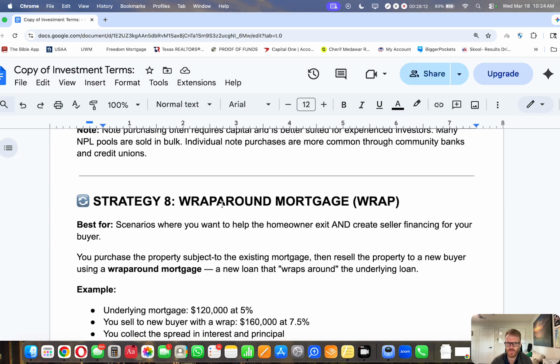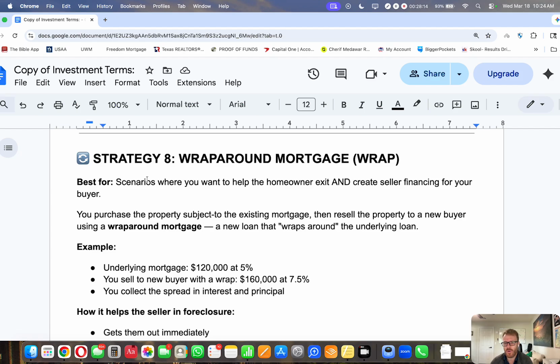And then the last one we can do is a wrap around mortgage, when we buy the house subject to, and then we sell it on an owner finance to somebody else, and the new loan wraps around the old loan, and we make the split on the difference. We get a down payment, and we go.